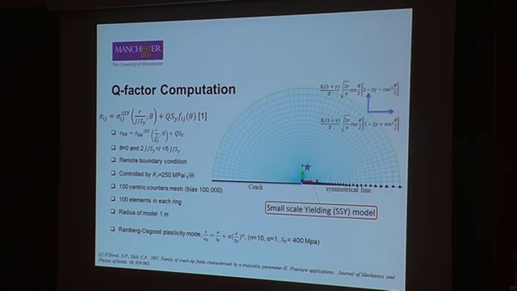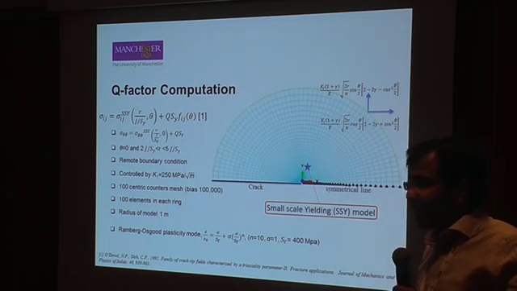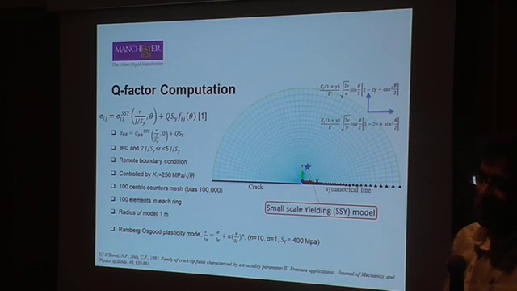Some information about the mesh. I have used a 100 concentric mesh with a bias of 100,000, which gives a very coarse mesh far from the center and a very fine mesh near the crack tip. Also, I have used 100 elements for each ring.